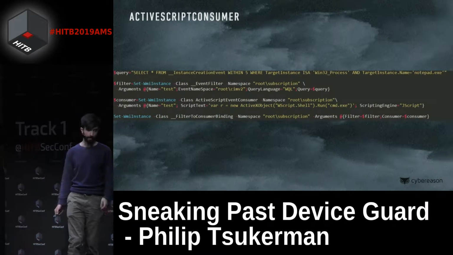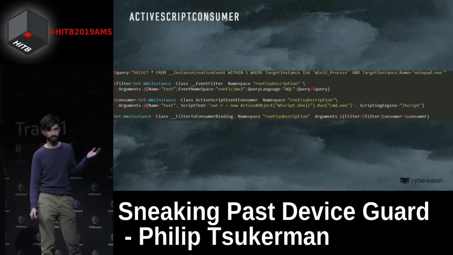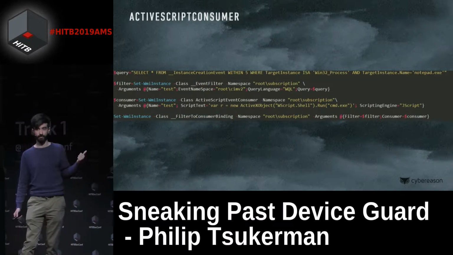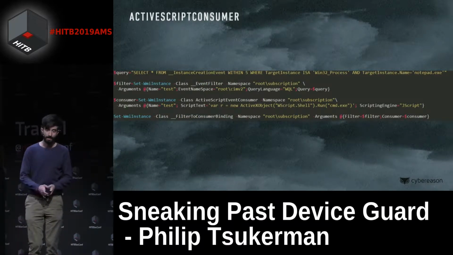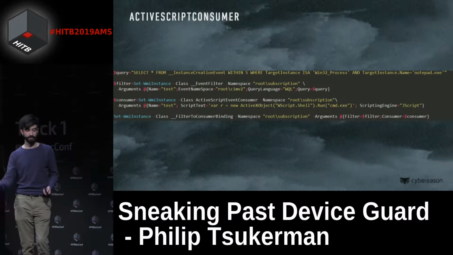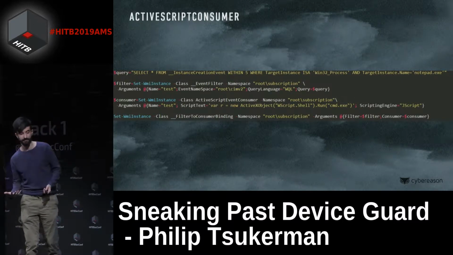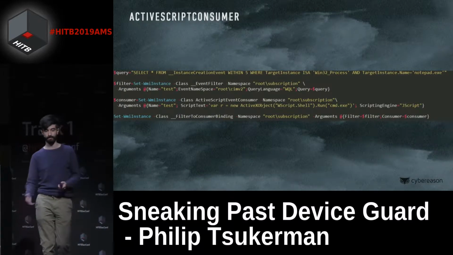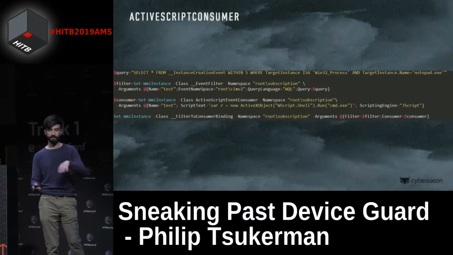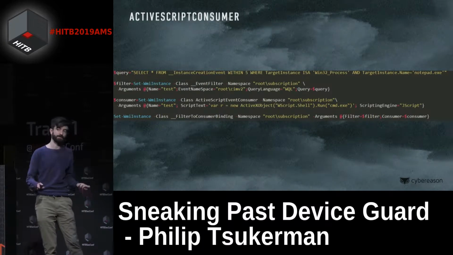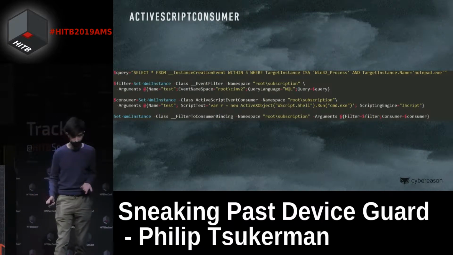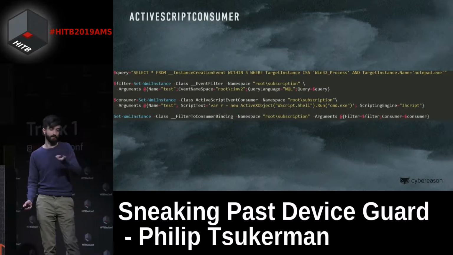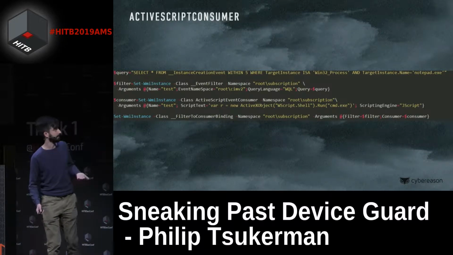Anyway, this is how you implement it. If you've ever seen the implementation of WMI persistence, this looks exactly the same. There are no other steps. Basically, what you need to do is to create an instance of the ActiveScriptConsumer class, give it the script text that you want it to run, and then bind it to some kind of event that's described by a WQL query, which is this SQL-like syntax.